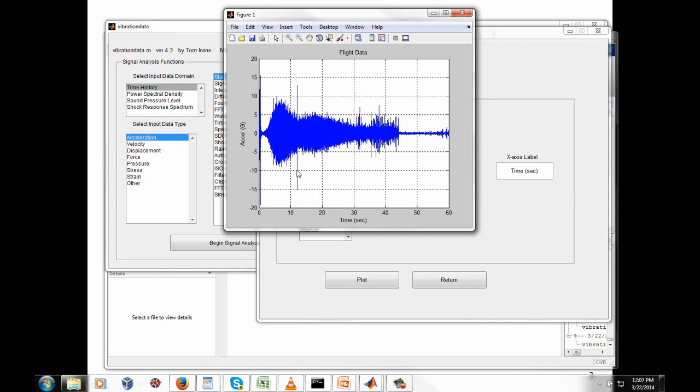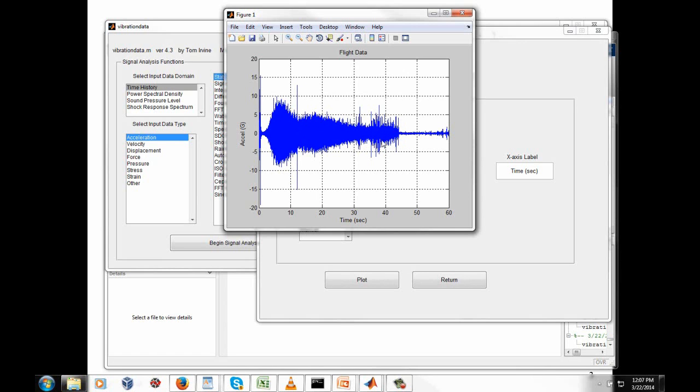Now here at about 12 seconds or so, the first stage separates away, so there's a separation shock event. And then we have the stage 2 burn. So the stage 2 then burns till about 44 or 45 seconds or so.